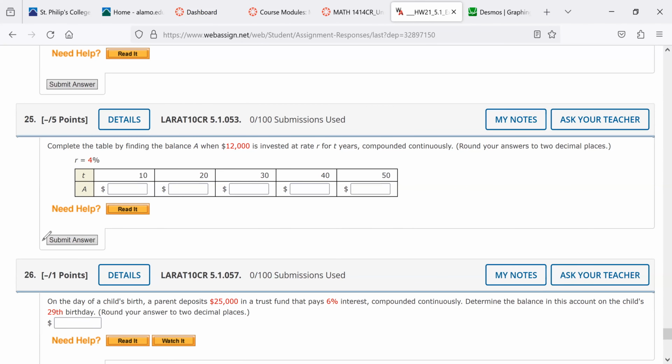Here, they want you to see how time affects growth. Just plug in the right spot. That's it. So they said continuous. So which formula do we need? Yeah, that first thing.